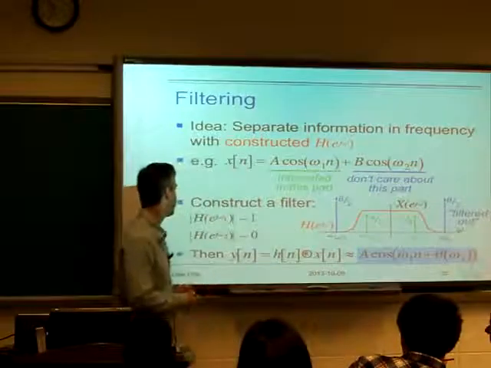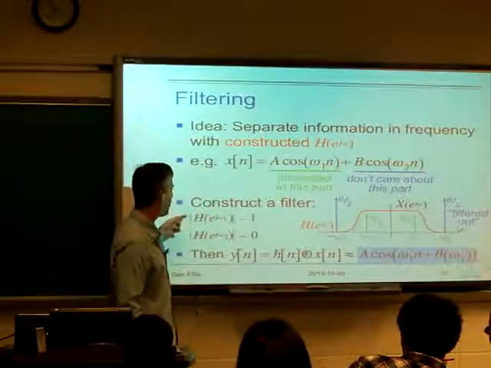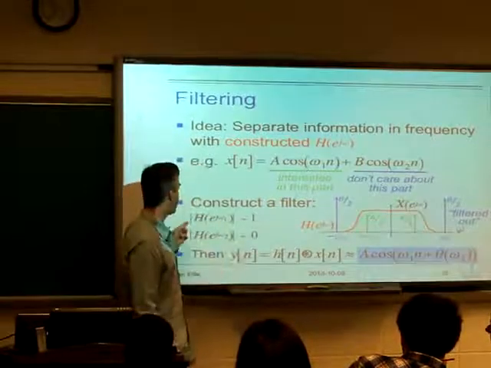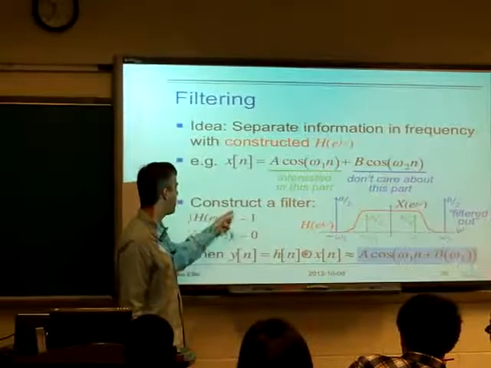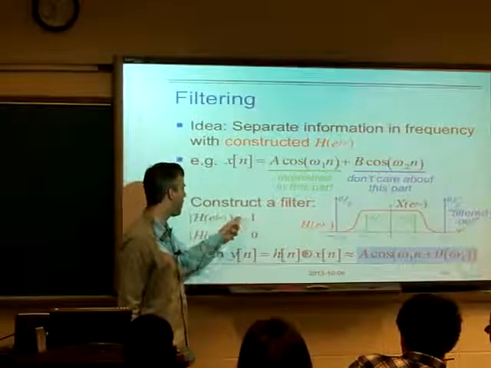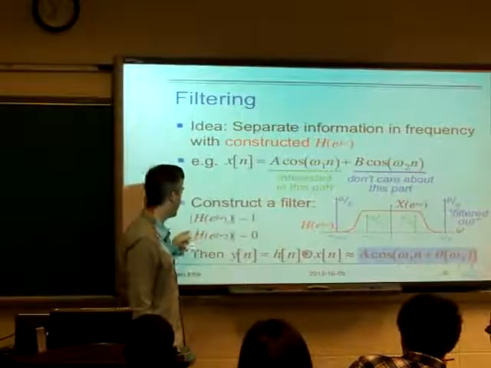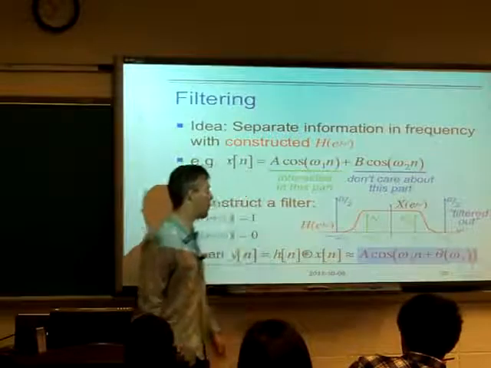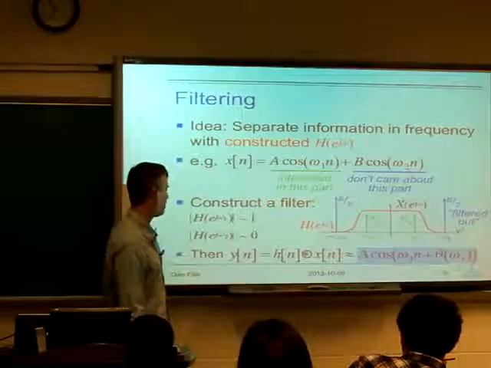That's what we're all about. So what we want to do is somehow build this H, come up with a system such that its frequency response, its magnitude response, H of e to the j omega, is around 1 in the region of omega 1, and it's around 0 in the region of omega 2. And that'll give us a graph that looks something like that, that'll do what we want.